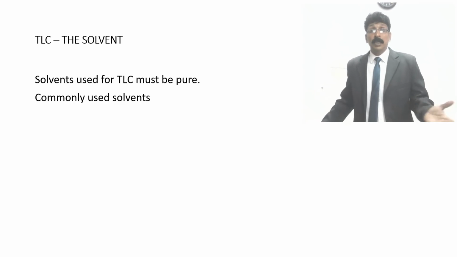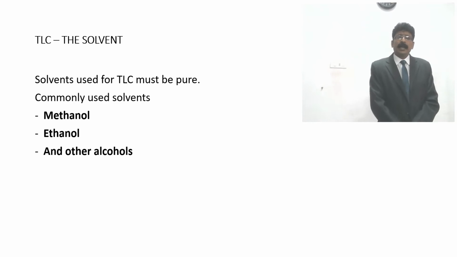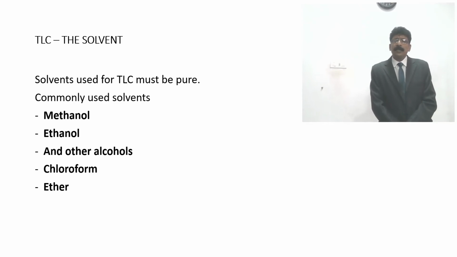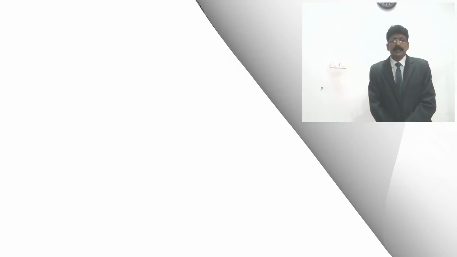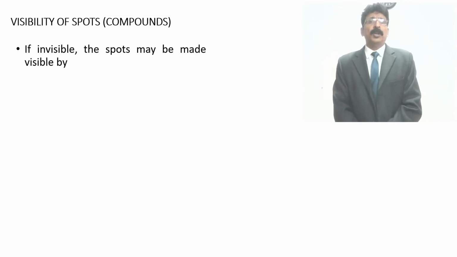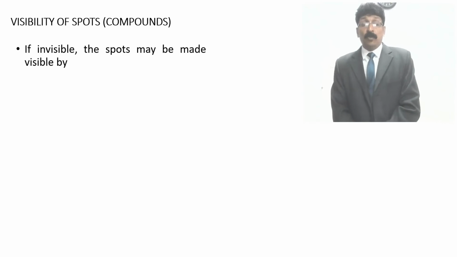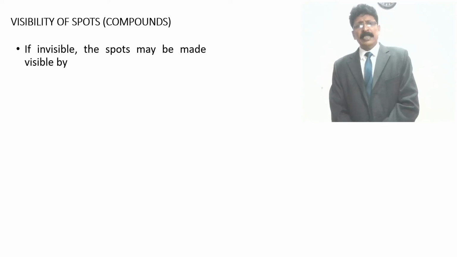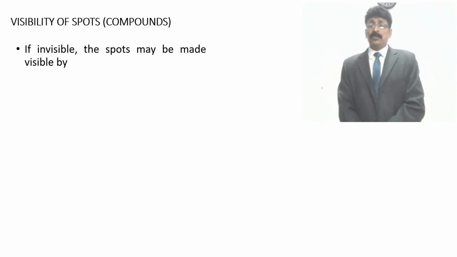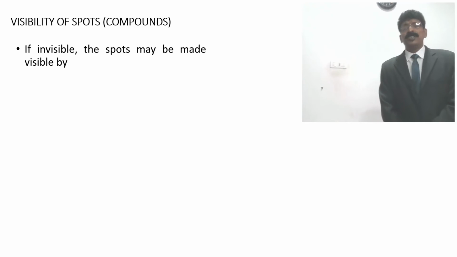There are many other commonly used solvents: methanol, ethanol and other alcohols, chloroform, ether, ethyl acetate, acetone. There are many other solvents also commonly used for the separation of compounds. Visibility of the spot, I told, sometimes colored compounds can be seen, but otherwise you have to go for detecting reagents. Ninhydrin can be used for amino acids, Dragendorff's reagent can be used for alkaloids, and anisaldehyde solution can be used for glycosides.